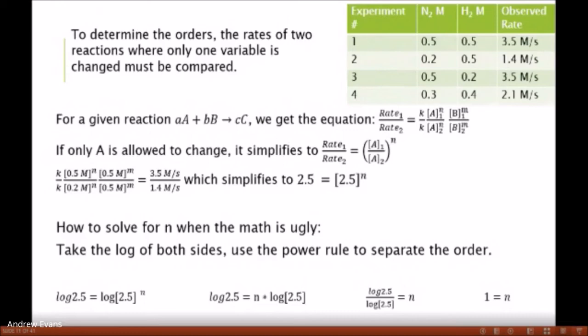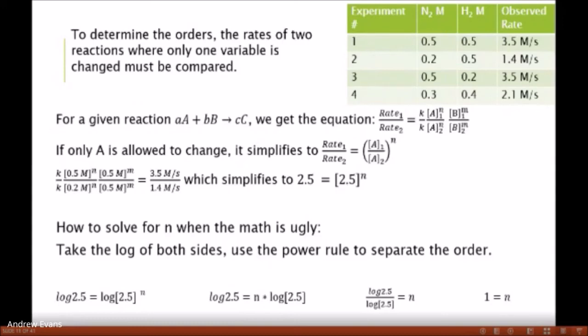So what we have is the rate change, which is 2.5, equals the concentration change, which is 2.5, raised to the power of N. Now, this one is easy. So 2.5 to N equals 2.5, so N equals 1. And since this is a pure integer, it's usually an integer, it makes this a lot easier.